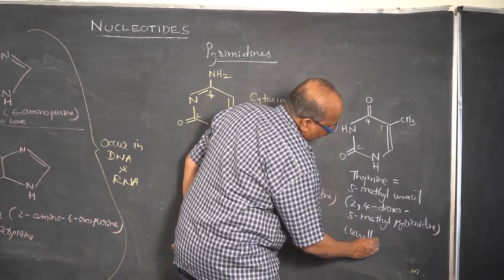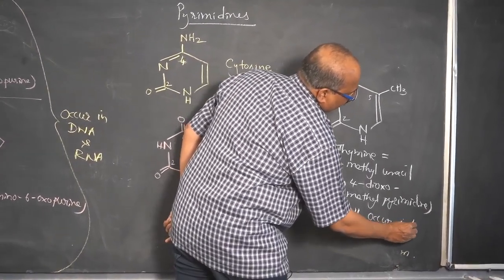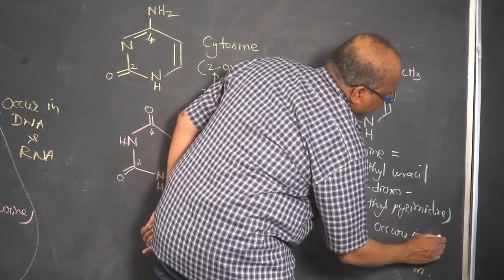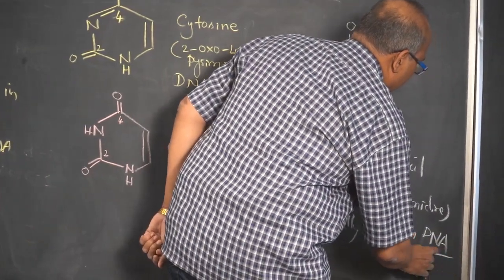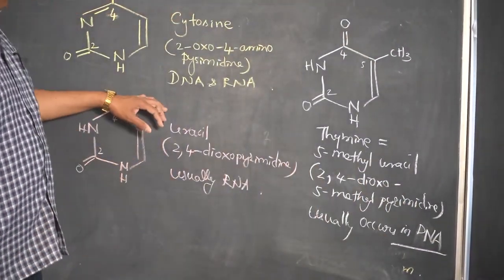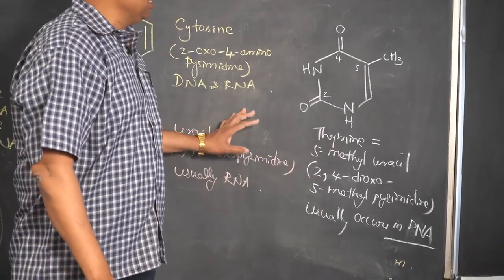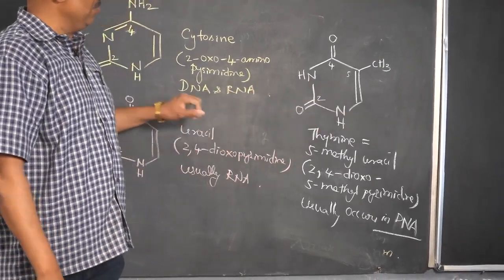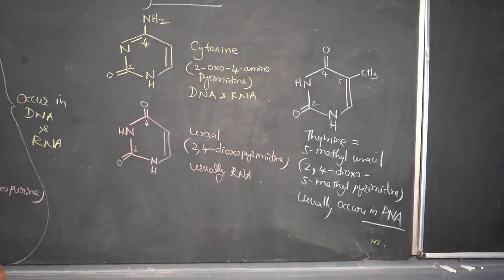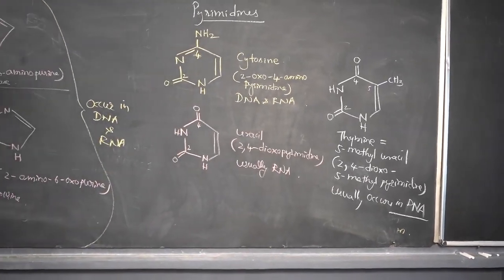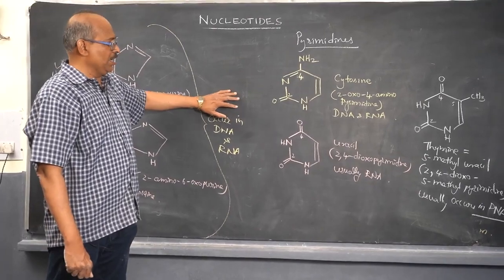It usually occurs in DNA. So uracil usually occurs in RNA, thymine usually occurs in DNA. That's where the pyrimidines will make distinctions in terms of the nucleic acid. Purines will not make any distinction because both adenine and guanine will occur in both DNA and RNA.